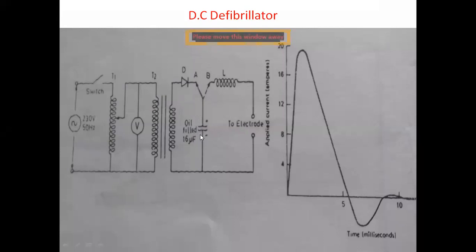This is the oil filled capacitor, and its value is 16 microfarads. So when the switch is connected to the diode, due to the applied input voltage, the capacitor is going to charge, plus and minus. Okay, it will be charged to the maximum.